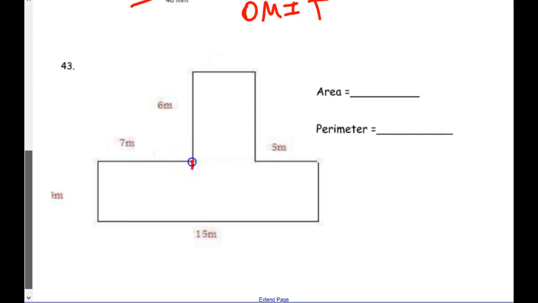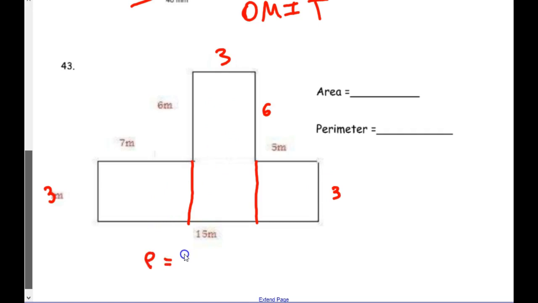On 43, let's make some rectangles here. Alright, the whole thing is 15. 7 plus 5 is 12, so this has to be 3. Okay, now off to the side here, it says 3. So that's 3, right? So for perimeter, we know every single side so far, so we add them up.